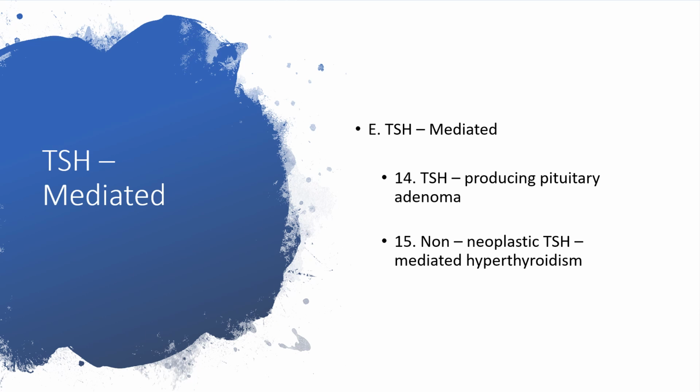That is when we are talking about the hypothalamic pituitary thyroid axis. So when there is a pituitary adenoma, particularly an anterior pituitary adenoma, more TSH will likely be produced. And it might be non-neoplastic thyroid stimulating hormone mediated hyperthyroidism.